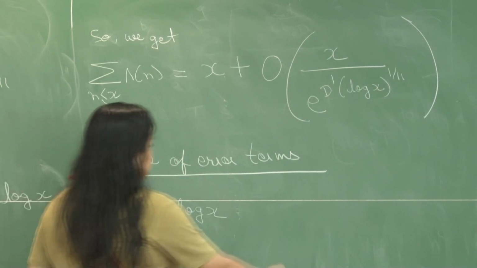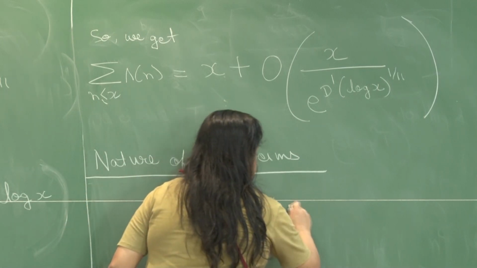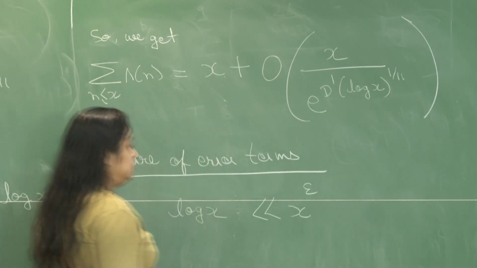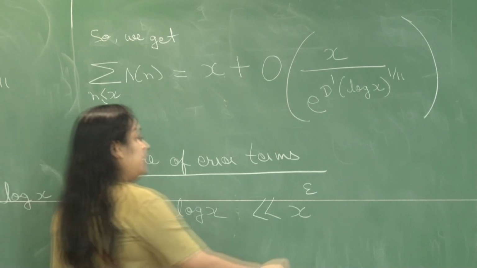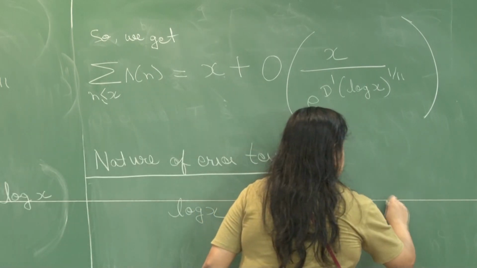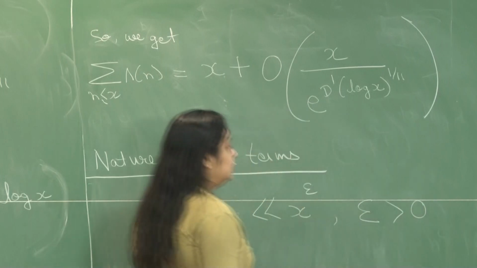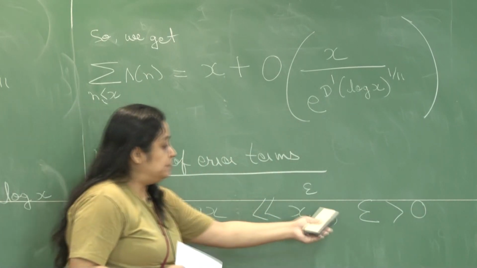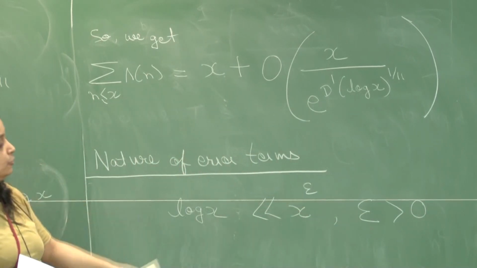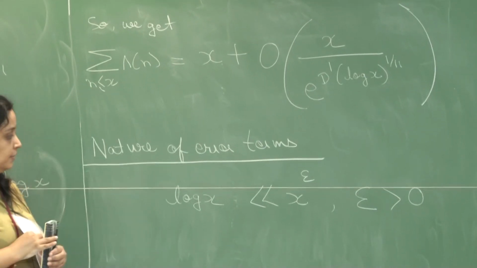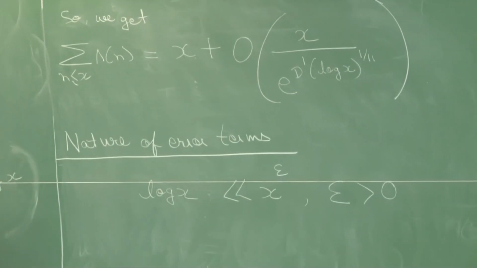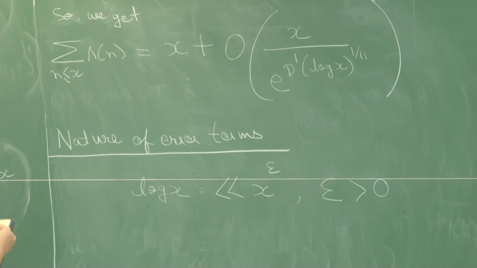Log of x is less than x raised to the epsilon, for any epsilon greater than 0. In particular, if epsilon is something very close to 0, but positive, this bound will work. Okay. So, what does that mean?